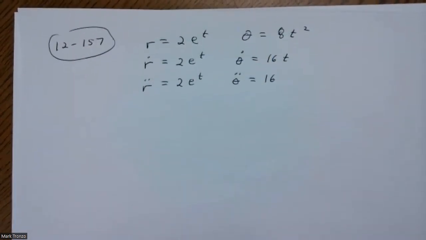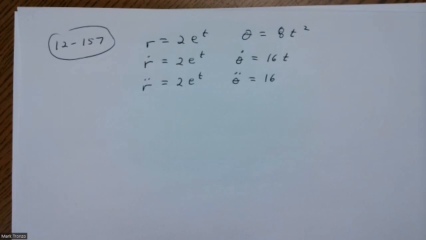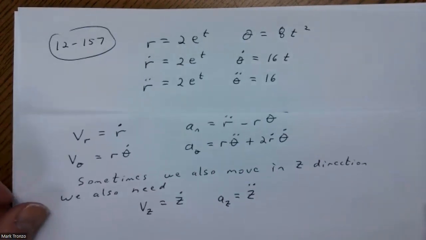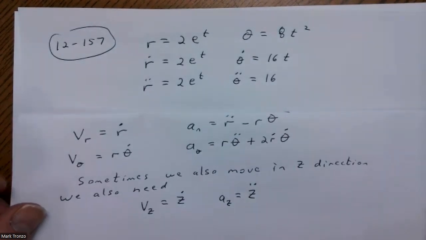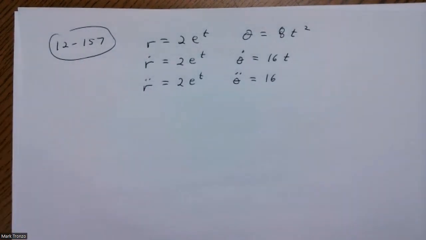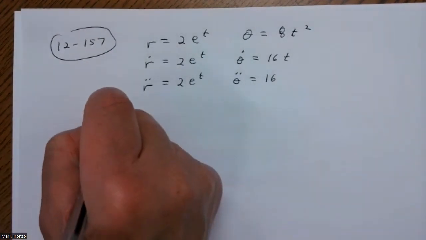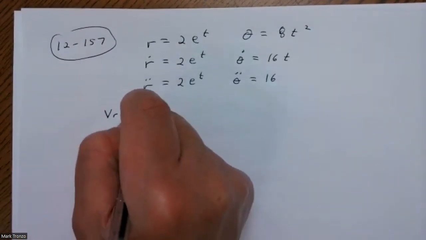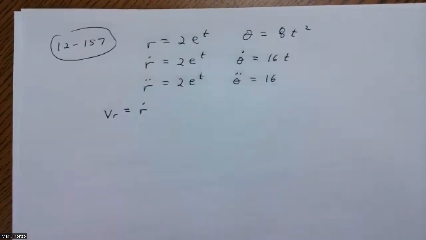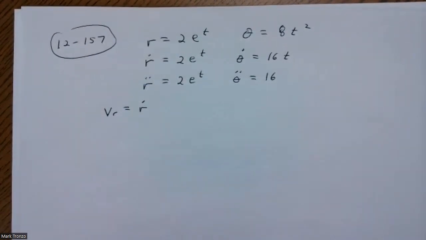And then just use those equations that we had a second ago. Let me start with this one. V_r is going to be equal to r dot according to our equation sheet.